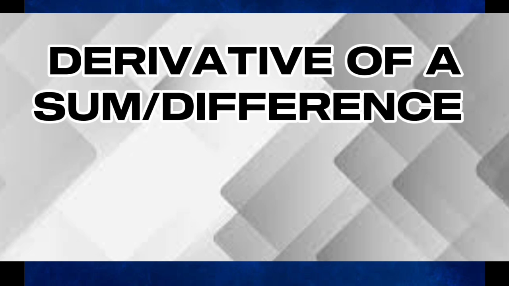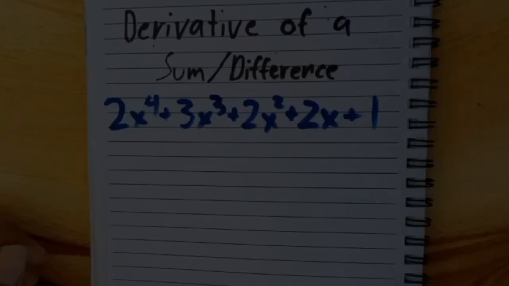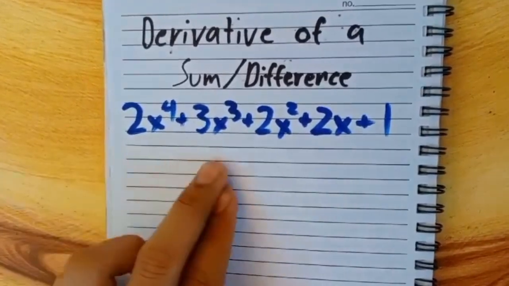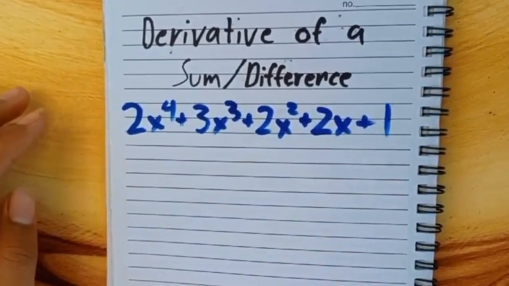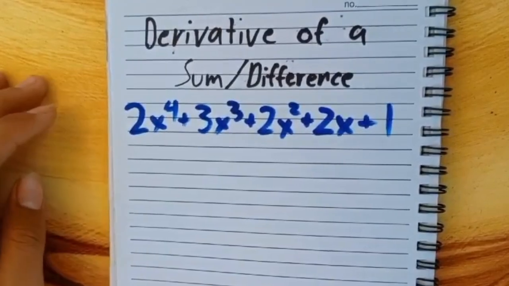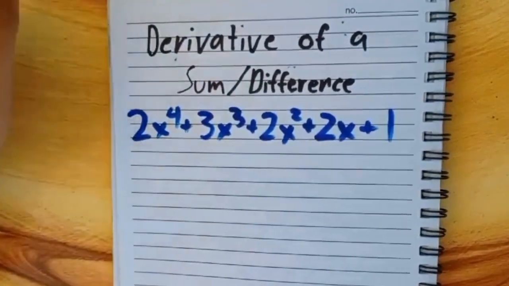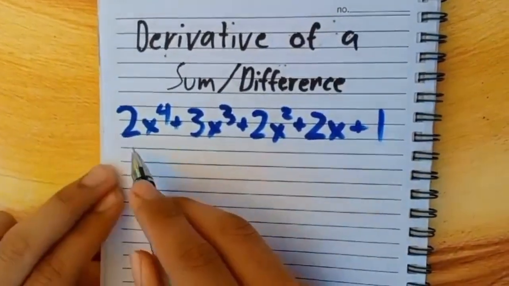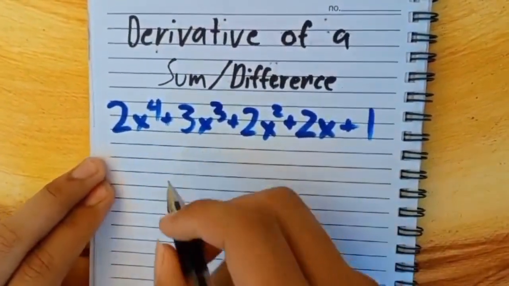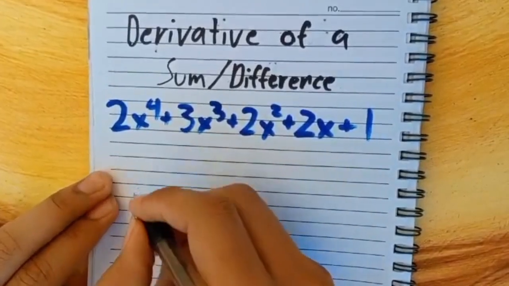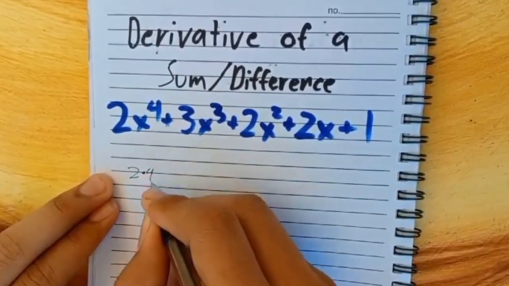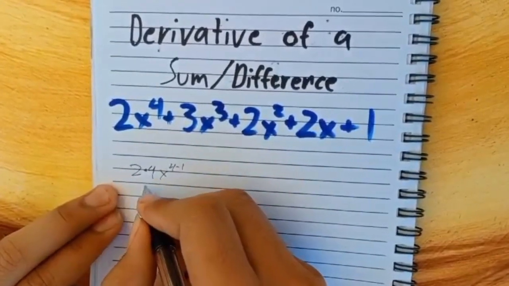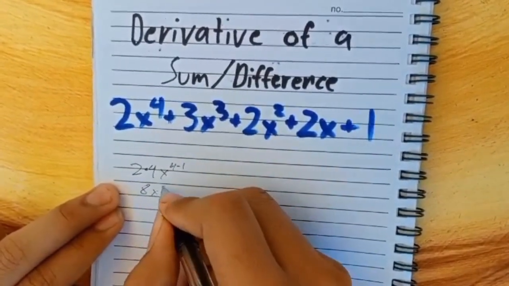Next is the derivative of a sum or difference. Let us tackle the derivative of a sum or difference. This is a sample problem we have here that we are going to solve with the derivative of a sum or difference. In this, we just get the derivative of every single term here. 2x to the 4 gives 2 times 4x to the 4 minus 1, being 8x cubed.